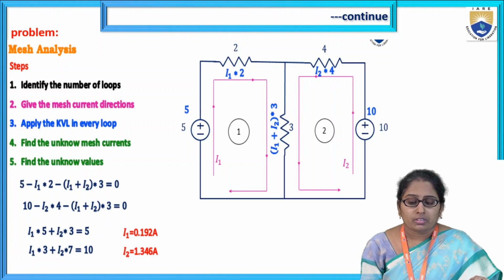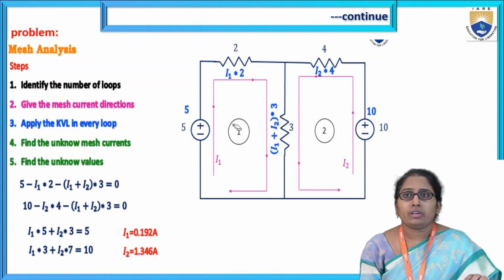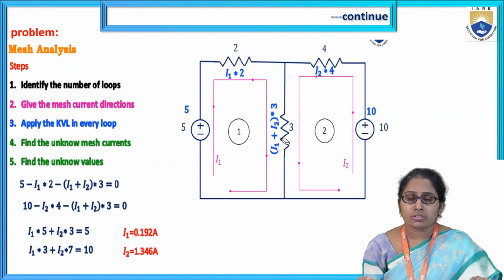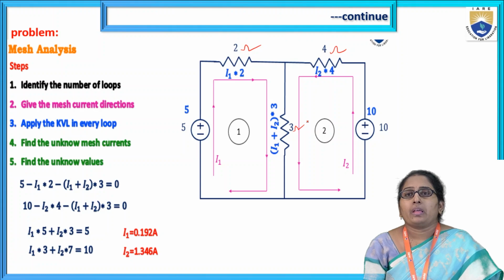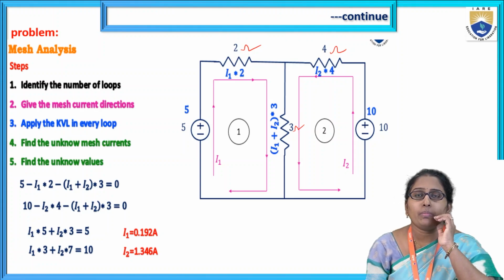This circuit is given with the battery emfs and resistance values 2 ohm, 4 ohm, 3 ohm. The problem is the same: applying mesh analysis, find the mesh currents.